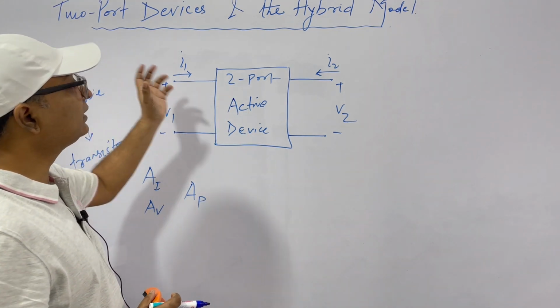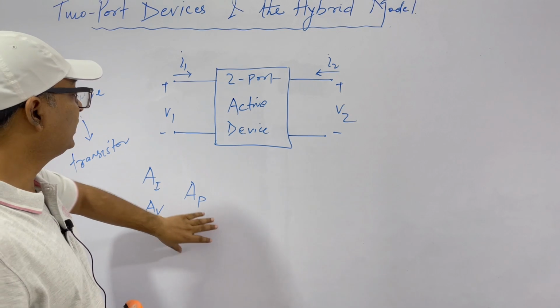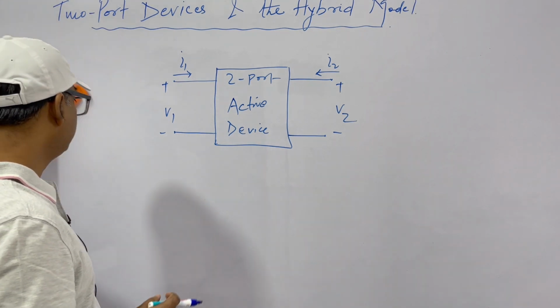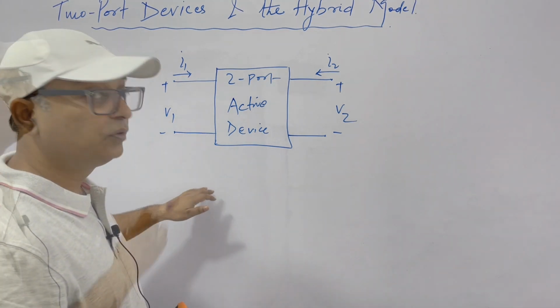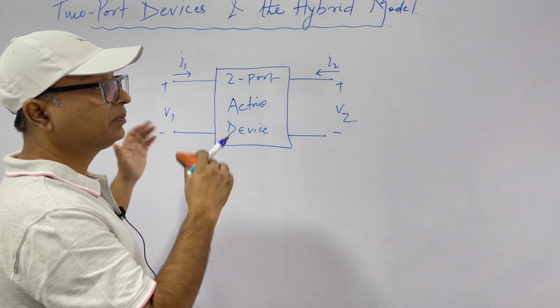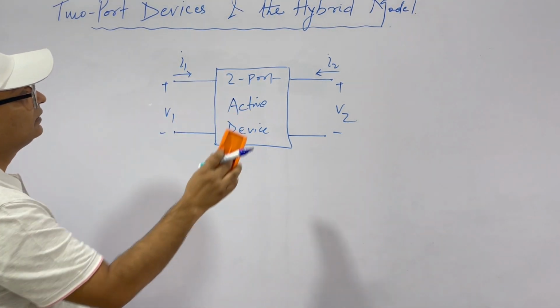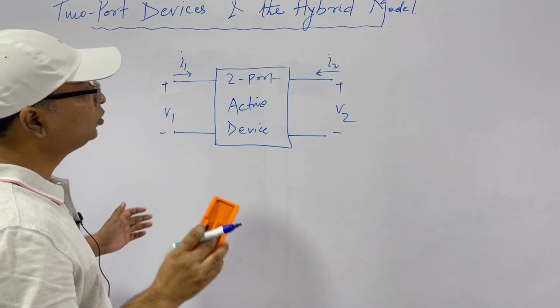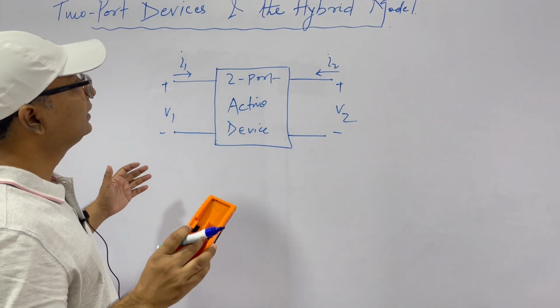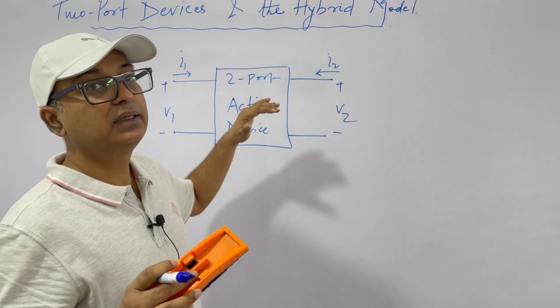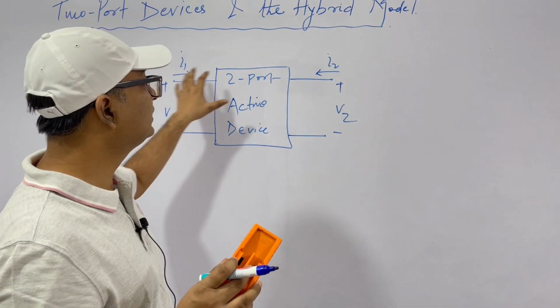It takes and transforms. That is why transistor is an active device. And because our main topic is BJT, transistor, we have to develop a certain model to analyze the circuit. We are trying to understand what a two-port active device is and how the hybrid model is used to analyze this circuit.